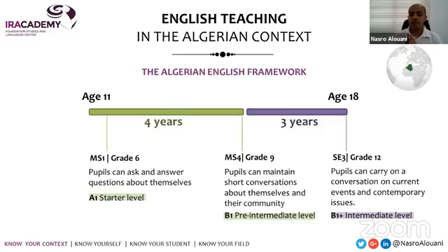At the baccalaureate, pupils can carry on a conversation on current events and contemporary issues, equivalent to intermediate level. So as you see, it is intended in the Algerian system that students start from starter level and in 7 years reach the intermediate level. This is the interval in the Algerian framework.